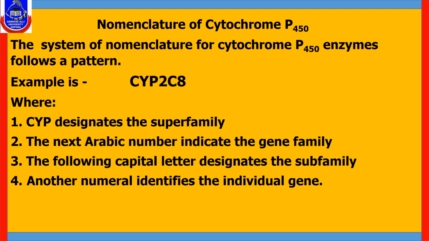The next Arabic number indicates the gene family. The following capital letter denotes the subfamily, while the next numeral identifies the individual gene. That is the basic nomenclature for cytochrome P450.